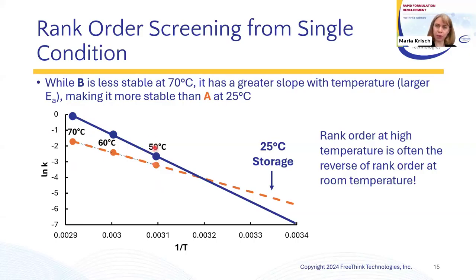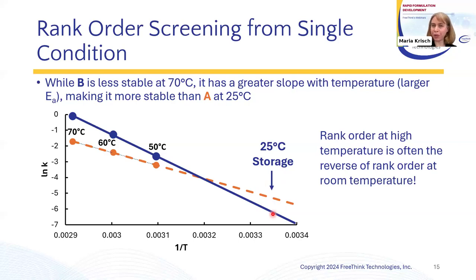Why is that important? Again, what we're interested in is not behavior at 70 degrees. That's just a tool. We're interested in 25-degree storage. So what happens when we follow that slope back down to the storage condition? Those two lines cross. When you go back down to 25 degrees, it turns out that formulation A, which changed more slowly with temperature, is actually predicted to have higher amounts of degradation.